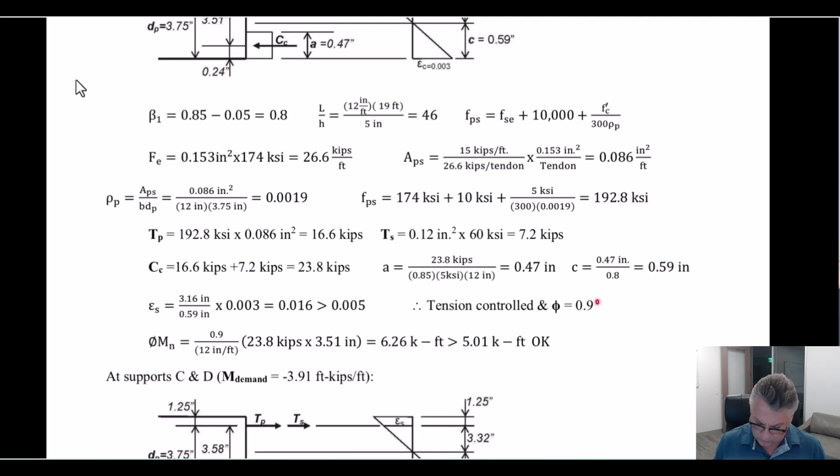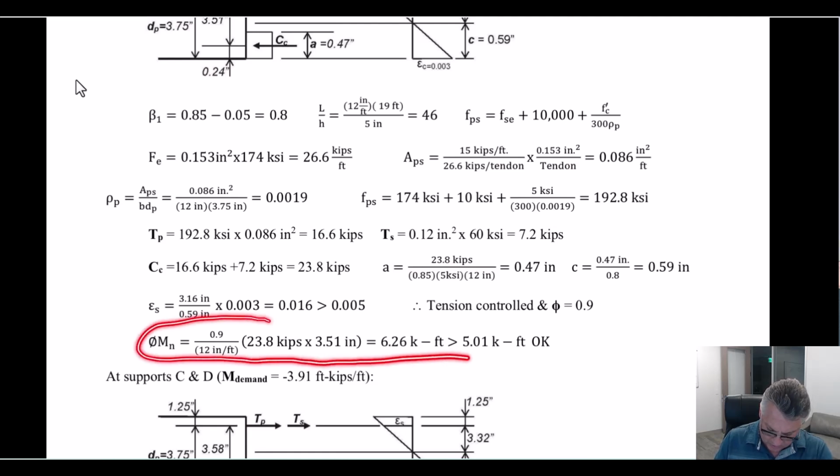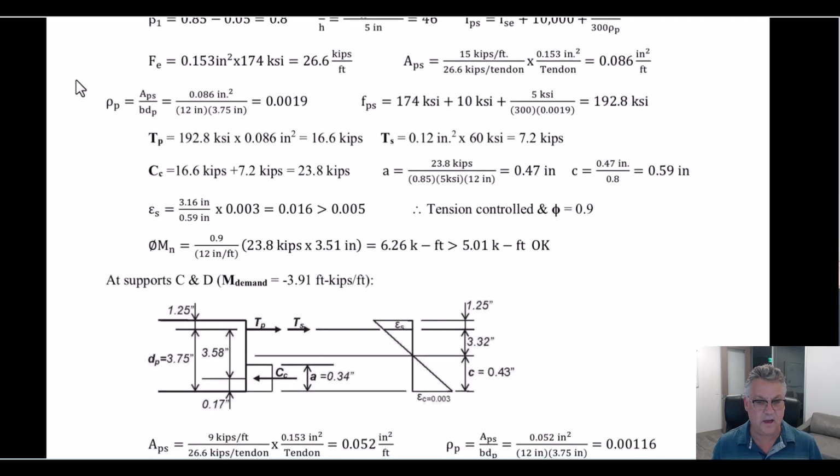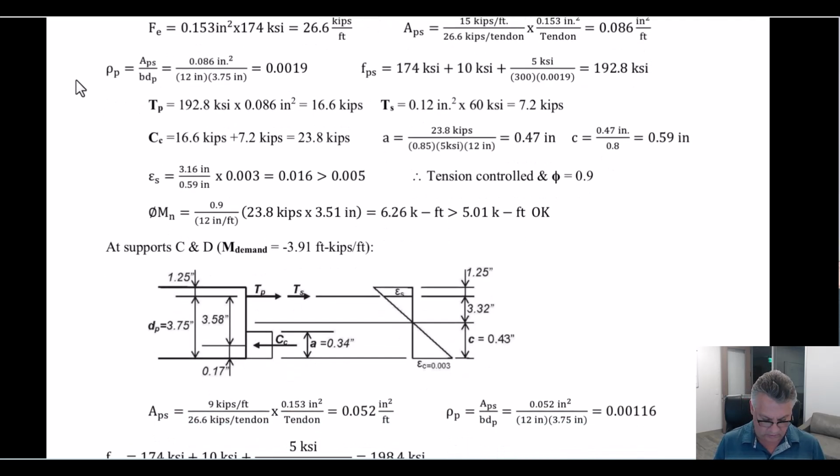It's tension controlled. Slabs will basically always be tension controlled. And we sum moments and put a 0.9 factor on it and get 6.26 kip-feet per foot, greater than the demand moment. Okay, we don't need to add any more rebar at those interior joints.